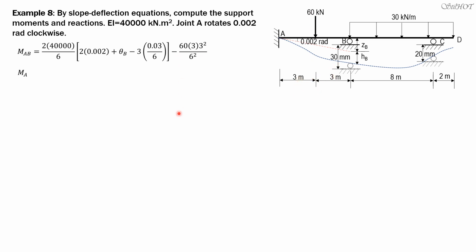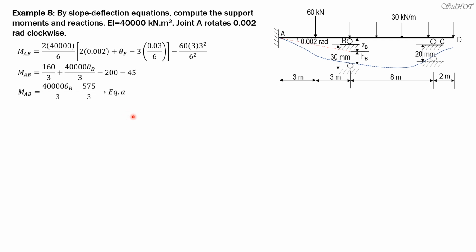So simplifying, moment AB is equal to 160 over 3 plus 40,000 over 3 theta B minus 200 minus 45. So after expansion and simplifying, moment AB is equal to 40,000 theta B over 3 minus 575 over 3.